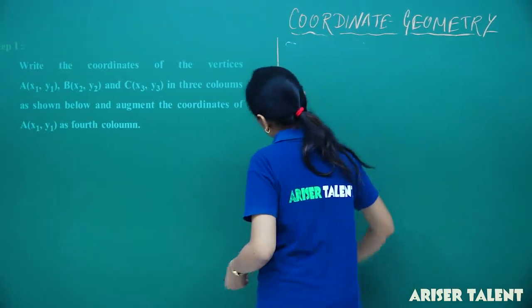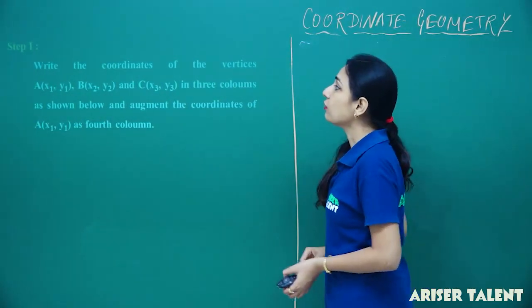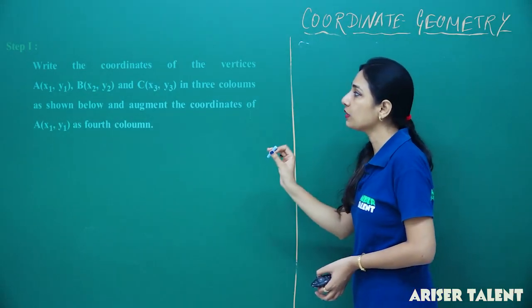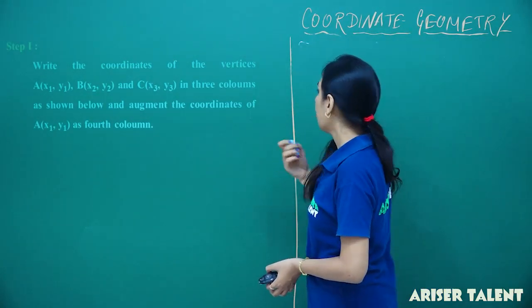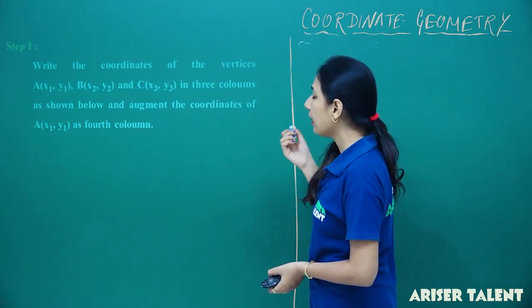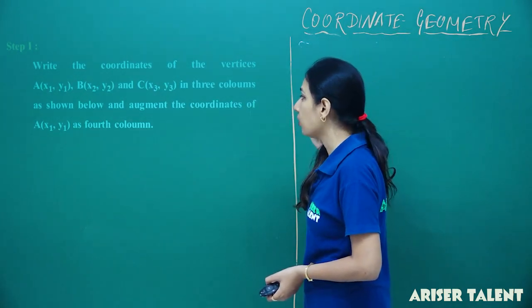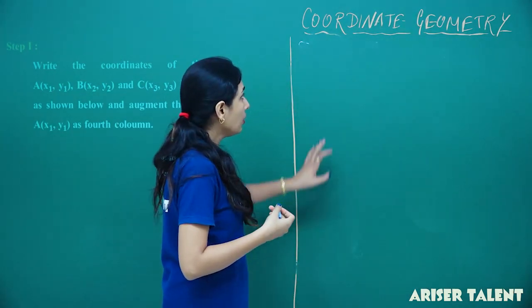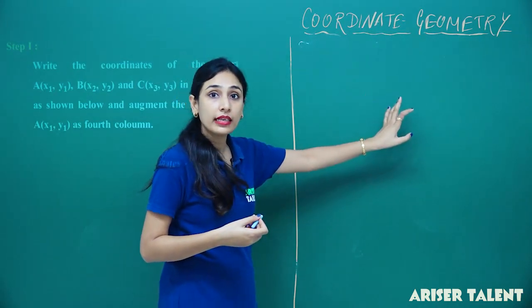Now, write the coordinates of the vertices x1, y1, x2, y2 and x3, y3 in 3 columns as shown and augment the coordinates A, x1, y1 as 4th column. Okay. So what it's trying to say is that you're having x1, y1, x2, y2 and x3, y3.